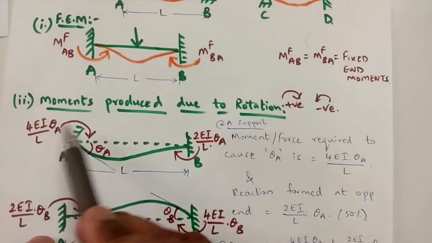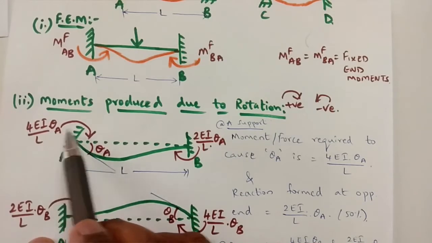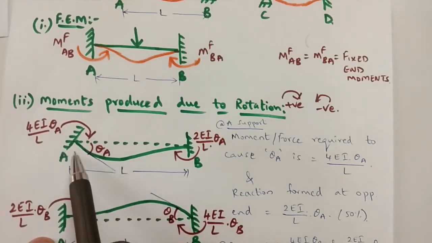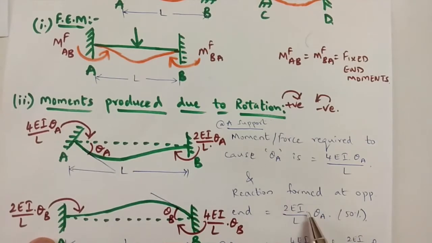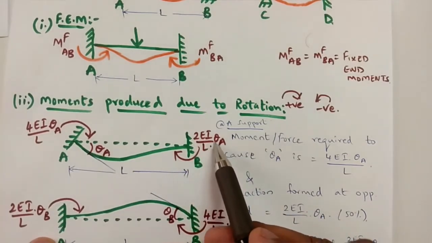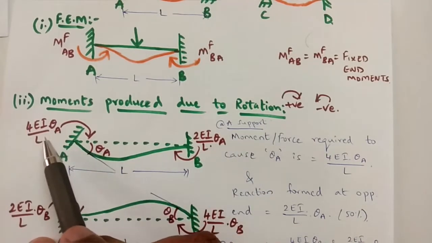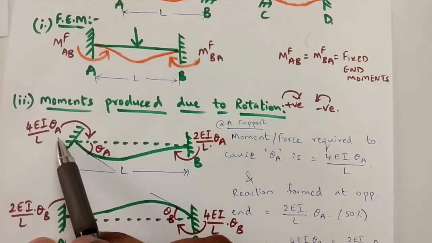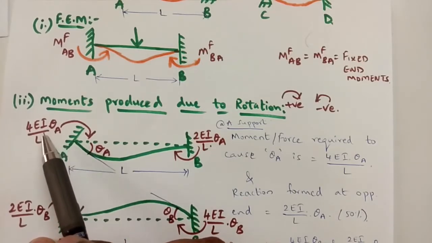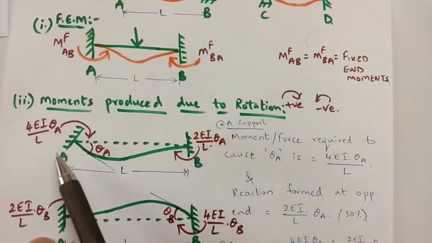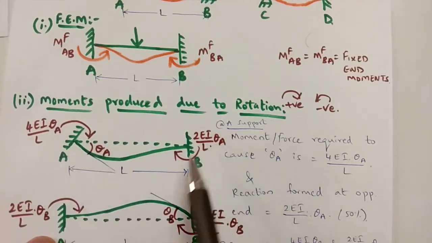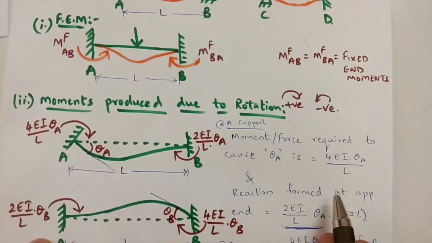You can see, when a 4 EI by L into theta A moment is applied at this support, I am getting a reaction formed at the opposite end, that is 2 EI by L into theta A. That means it is half of the moment caused at this support, 50%. 4 EI by L, half is 2 EI by L. So if it is producing 4 EI by L into theta A, the reaction formed at the opposite end will be 2 EI by L into theta A. This you have to remember.